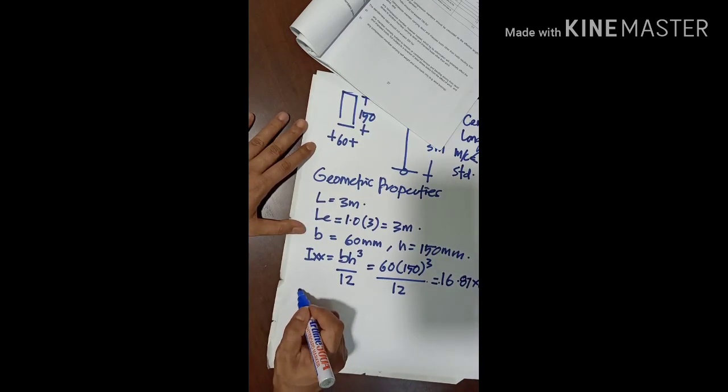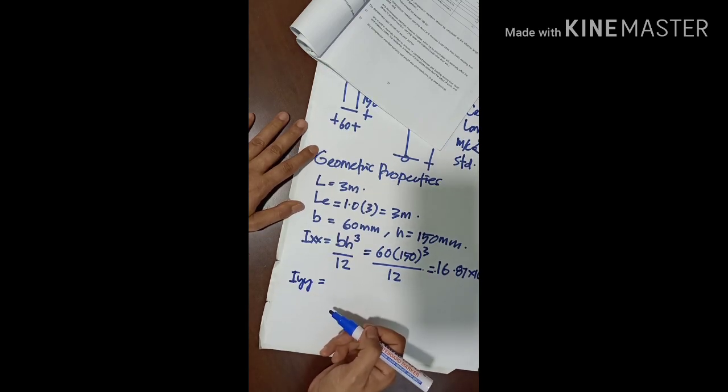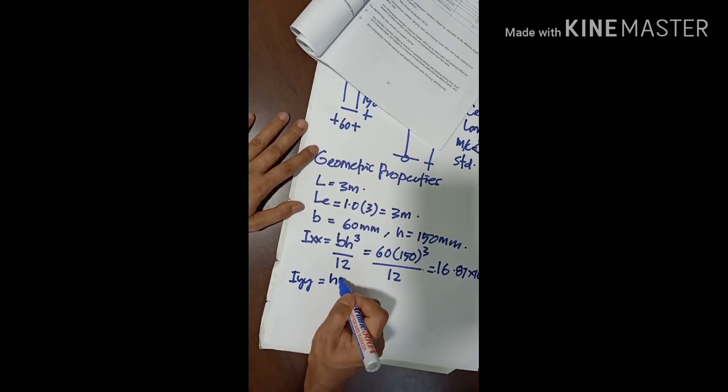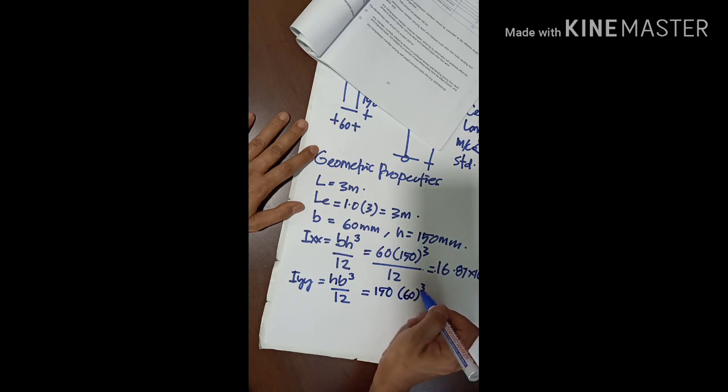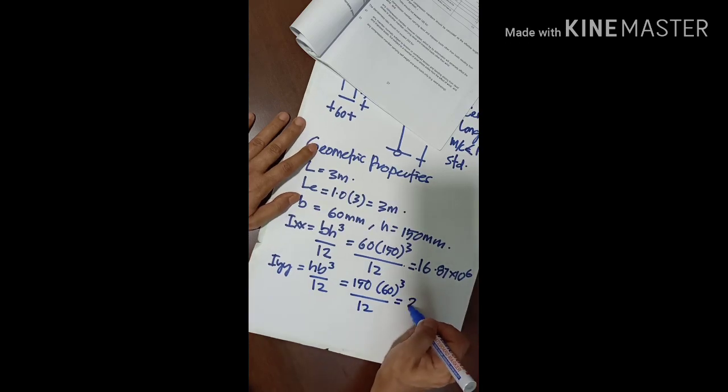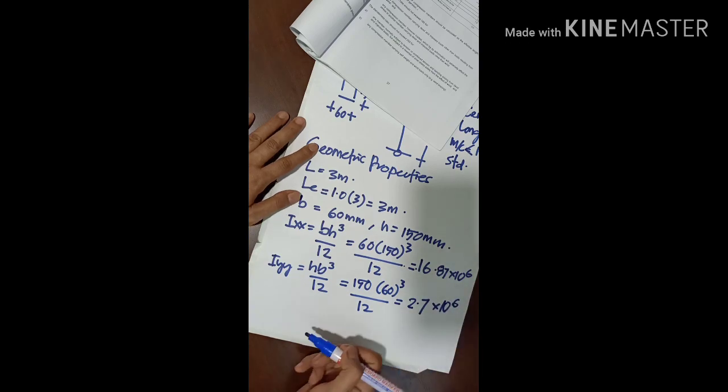Then we also have to find the value of Iyy. Iyy is HB to the power of 3 divided by 12. Here we have 150 times 60 to the power of 3 divided by 12, which gives us a value of 2.7 to the power of 6.